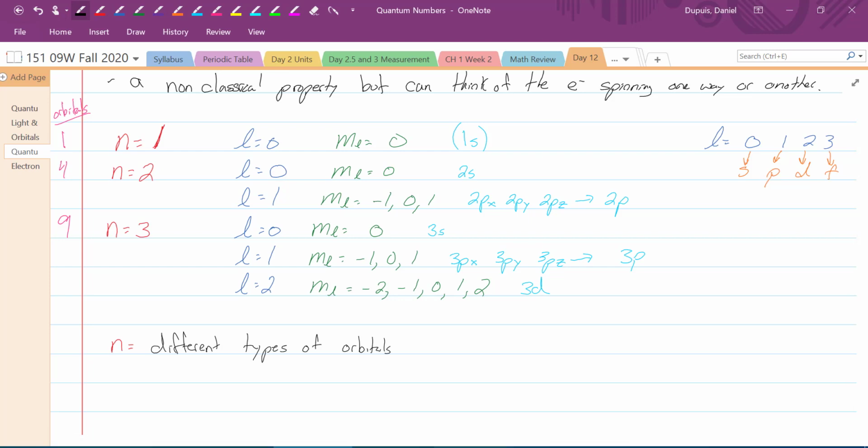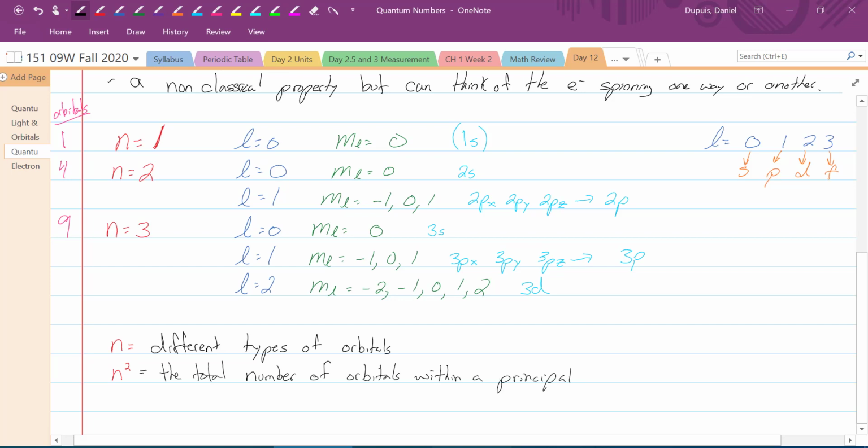N squared equals the total number of orbitals within the principal energy level.